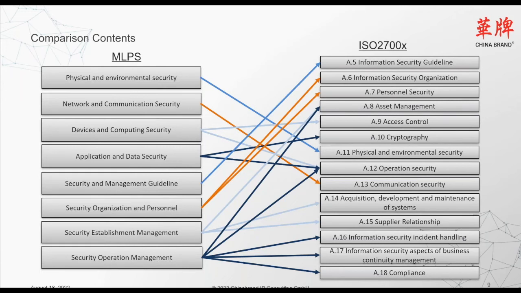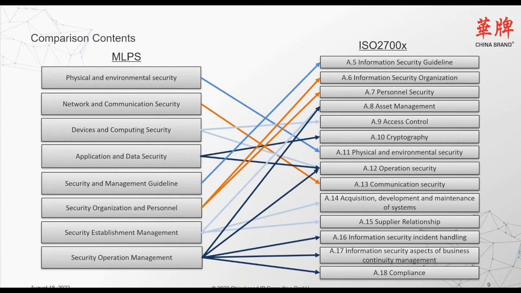So for example, if you see here in the MLPS, the part about security organization and personnel, if you want to find it in the ISO 27000 standard, you have to read two parts of it. Like you can see here the 8.6 information security organization, as well as the 8.7 personnel security.